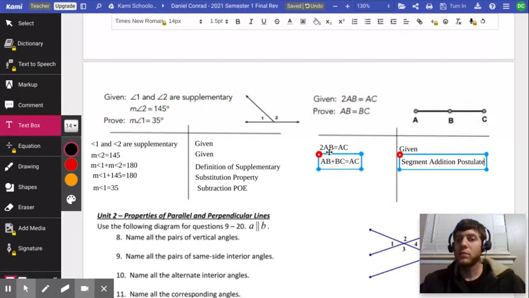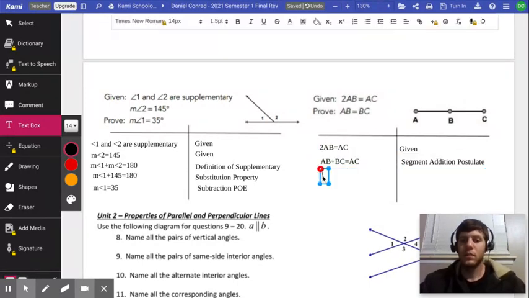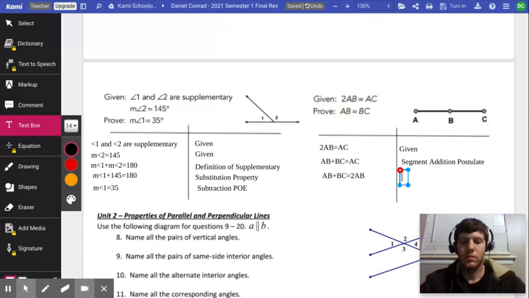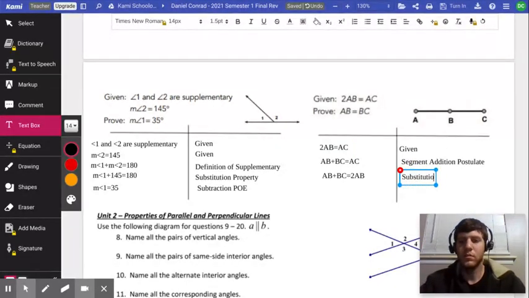We can then substitute in 2AB for AC. So AB plus BC is going to equal, instead of AC, 2AB, because we know AC equals 2AB. That is substitution.